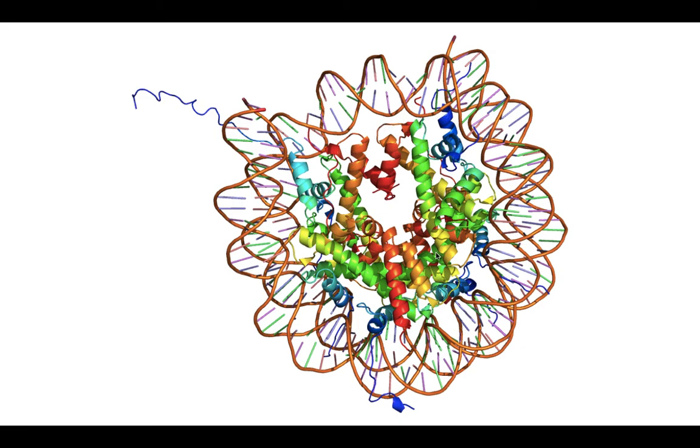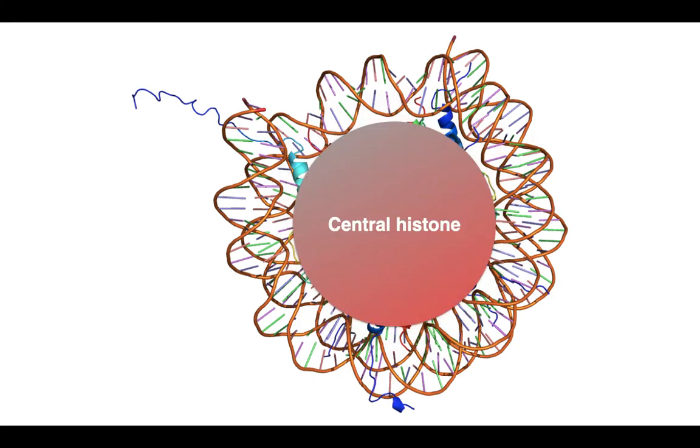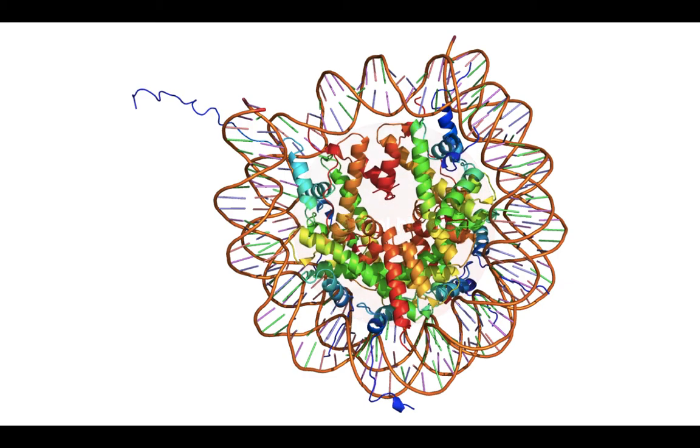Its job is to form hydrogen bonds with different parts of the DNA, particularly with the sugar phosphate backbone. And what it does is it provides an anchor point for the DNA to wind around like a ball of string. The protein is called a histone, so it's a central histone around which the DNA winds.